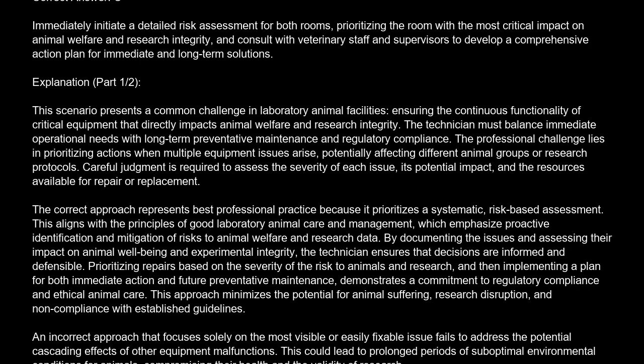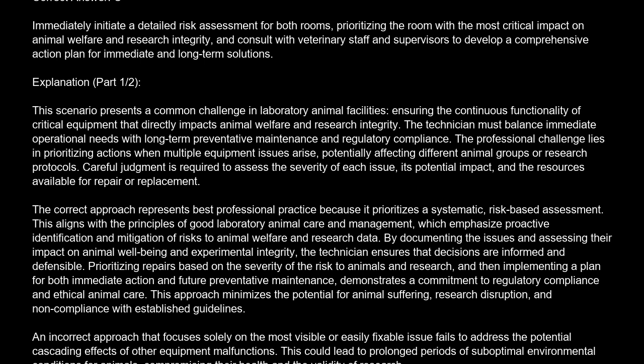Then implementing a plan for both immediate action and future preventative maintenance demonstrates a commitment to regulatory compliance and ethical animal care. This approach minimizes the potential for animal suffering, research disruption, and non-compliance with established guidelines. An incorrect approach that focuses solely on the most visible or easily fixable issue fails to address the potential cascading effects of other equipment malfunctions.